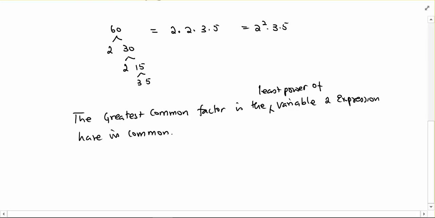Okay, so it's the least power of a variable two expressions have in common, or the least power of a number two expressions have in common.